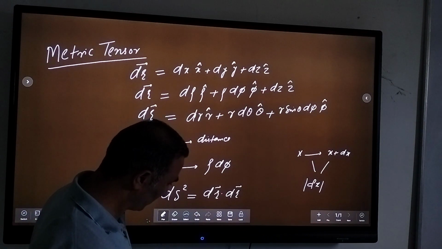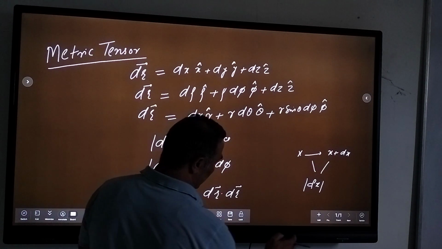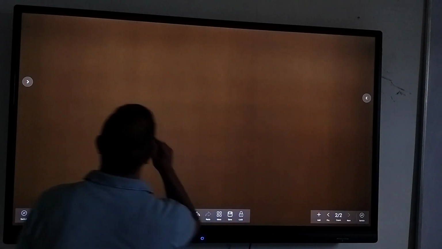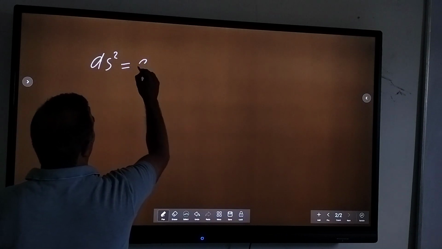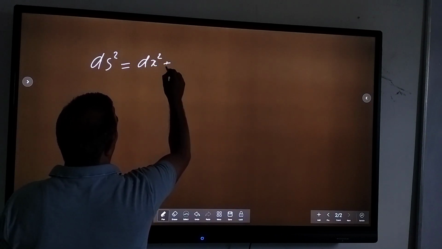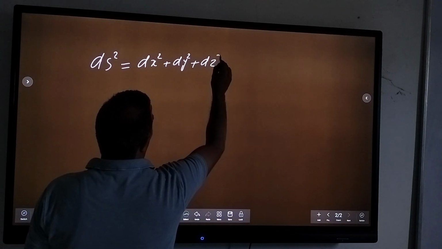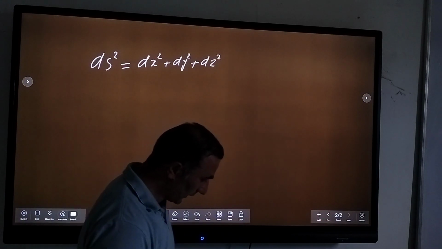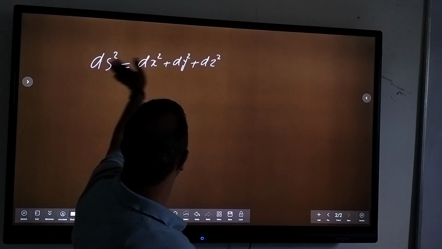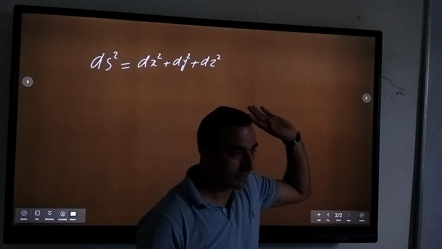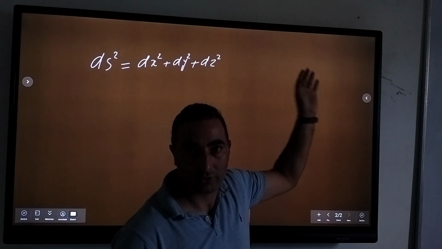If you write that this is equal to dr dot dr, you can rewrite ds square as follows. This is clear in rectangular coordinates, because this has the units of distance here.